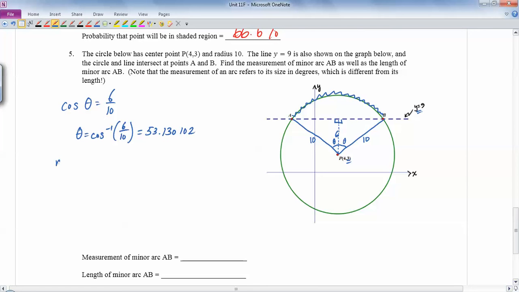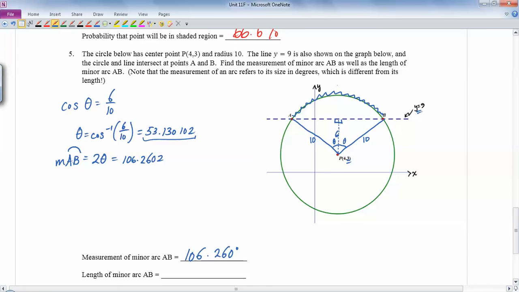And then measurement of arc AB, that minor arc is really 2 thetas. So if I multiply this guy by 2, I get 106.2602 degrees. So if we round to 3 places, 106.260.